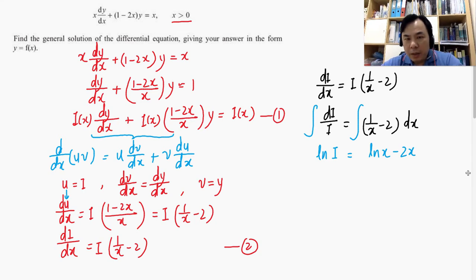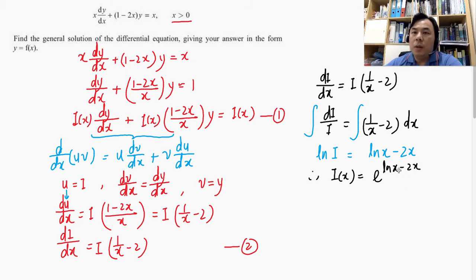Now, the idea of applying this method is not to introduce the constant here. So I did not write down plus c or a, because our intention is just to obtain the integrating factor here. Right. So from here, you will notice that the integrating factor that we need for us to be able to apply the product rule can be written as e^(ln x minus 2x).